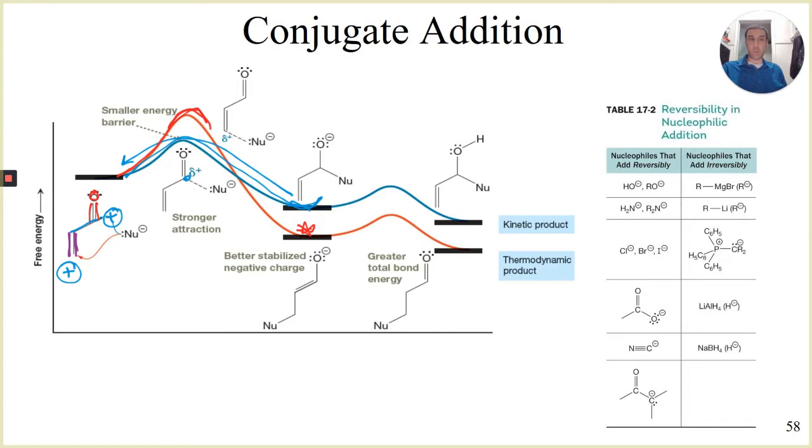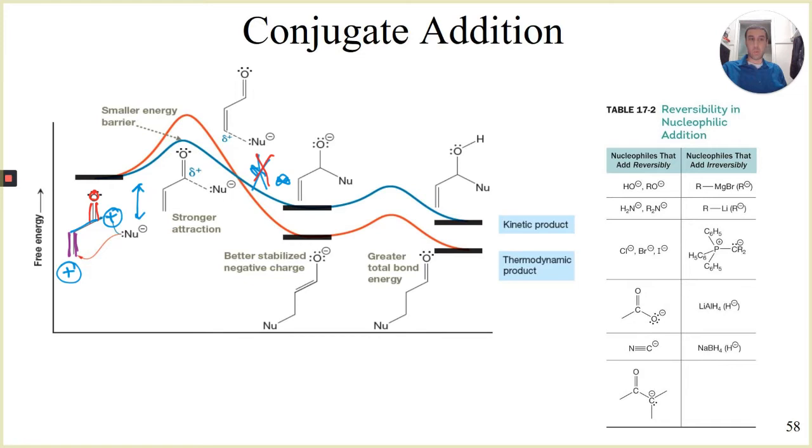If, however, your reaction is irreversible, what that says is that the activation barrier, the delta G, between our reactants and our products for the kinetic is now so large that when we form that fastest product, I cannot reverse the reaction.